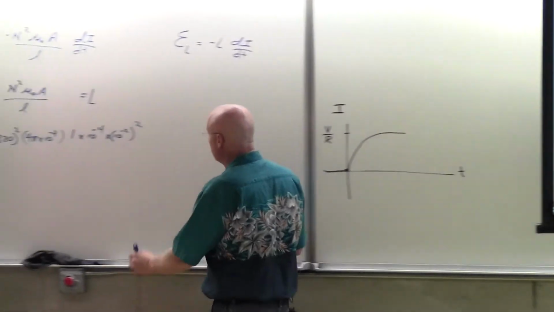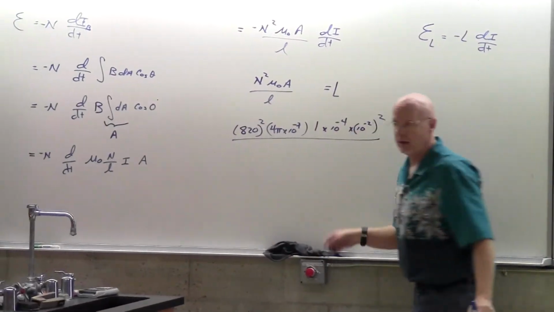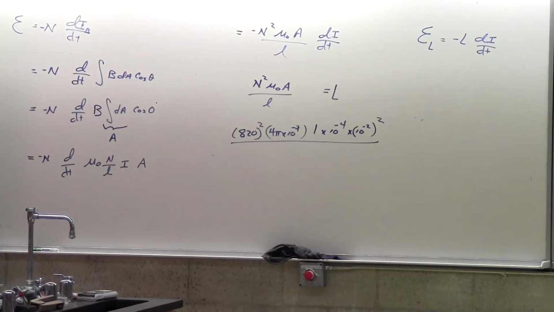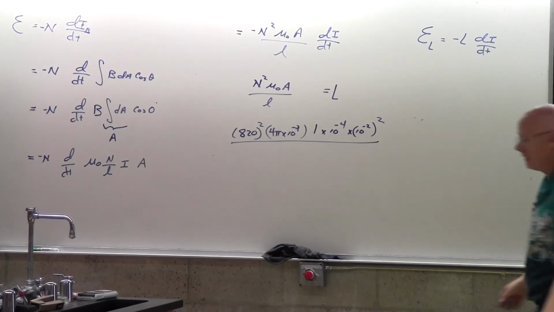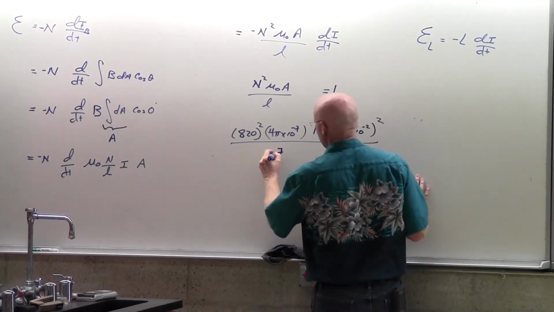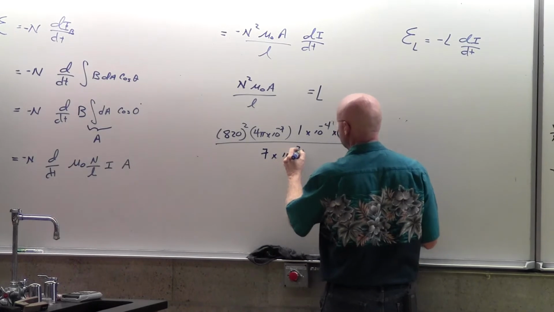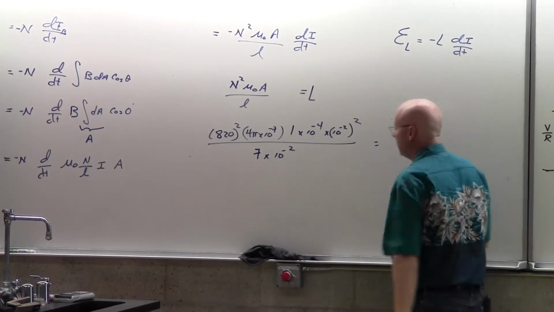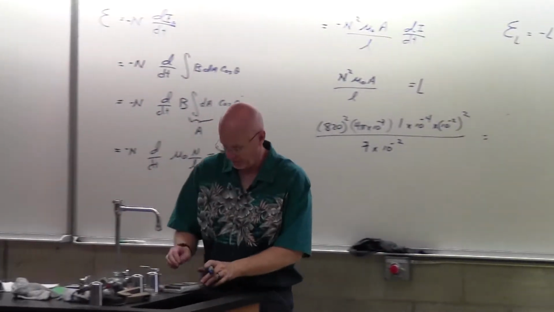And then the length of this thing is, how long is this? 7 centimeters. And so that's 7 times 10 to the minus 2.